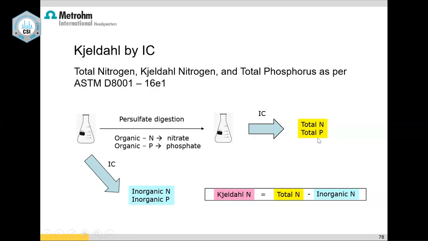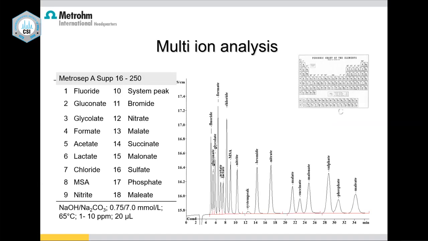We do a persulfate digestion on water and wastewater, so you get total nitrogen and phosphorus. If you don't do the digestion, you get the inorganic nitrogen and phosphorus. You subtract, you get the gel nitrogen. This is one more example to show you that IC has been approved by ASTM for this analysis.